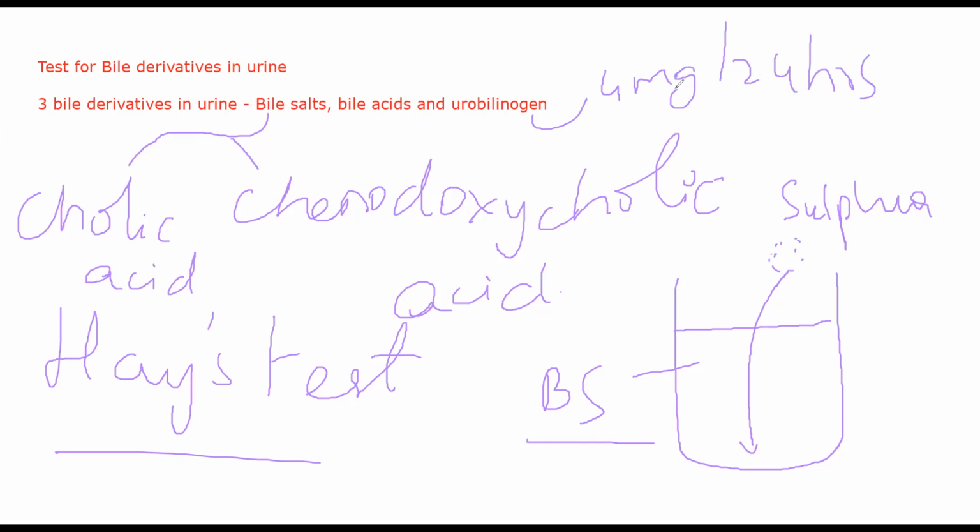It is also light sensitive, so whenever you are collecting a sample to test for urobilinogen, make sure that you are collecting it in a dark colored bottle, the amber colored bottles that you get, because urobilinogen is light sensitive. Upon exposure to light, it will get destroyed, so you will not get a proper result. So specifically for this, you will use a test called Ehrlich's test when you are testing for urobilinogen.